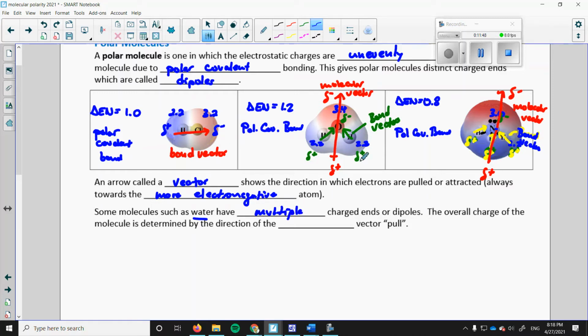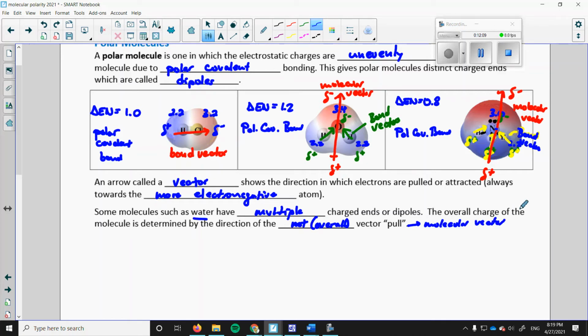You can see here it has the hydrogens, or even here the hydrogens down here in the ammonia. So the overall charge is determined by the net or overall vector pull. And this is going to give you the molecular vector, the one we drew in red earlier.